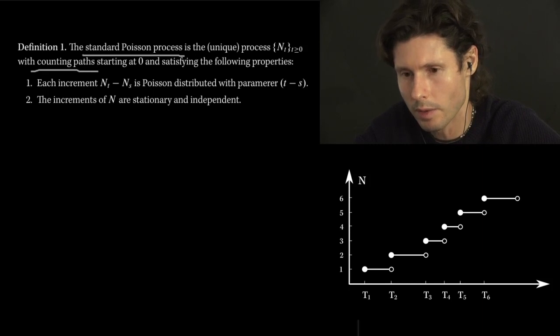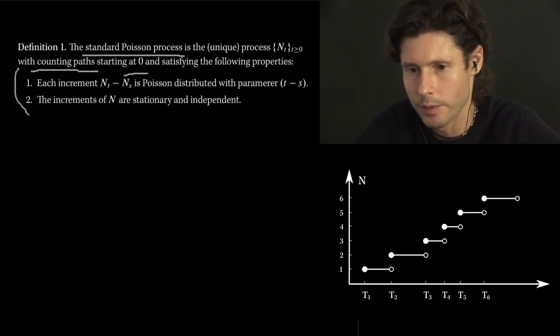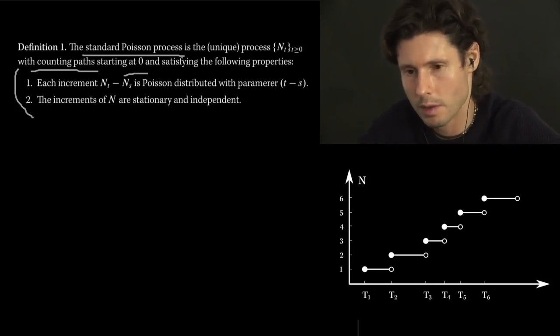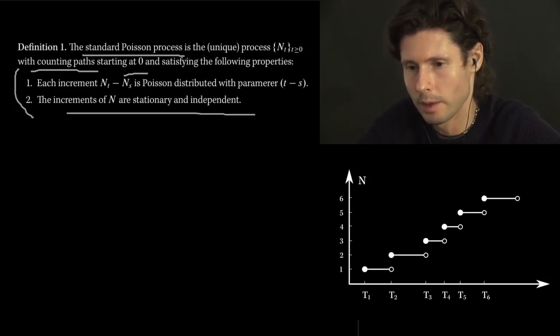This one is going to have something called counting paths, which is reminiscent of the picture again that we see. It starts at 0, same as the Brownian motion, and then satisfies the following two properties, which are properties of the increments of the process. Again, just like the case of the Brownian motion. So the increments are stationary and independent. We'll look again at what these definitions are, but this is identical to the definition of the Brownian motion.